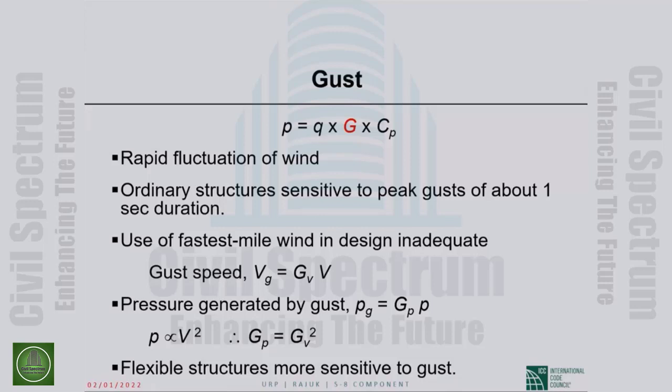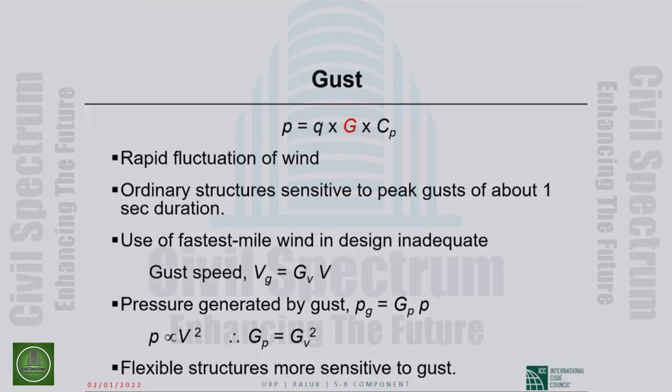So we have a larger gust effect factor. Okay. So anyway, to cut a long story short, when we used to use fastest mile wind speed as the basis of design, we had to use a gust effect factor larger than 1 to bring the wind pressure up.